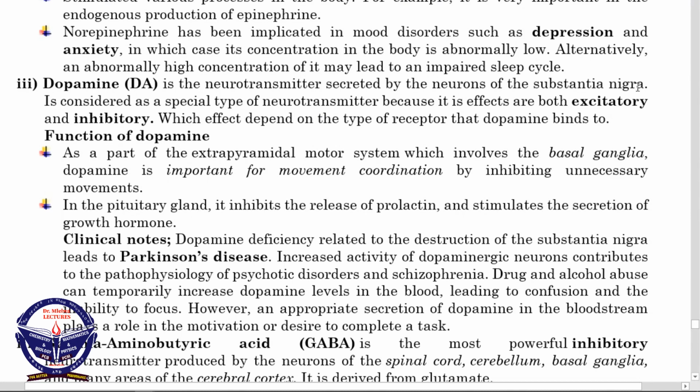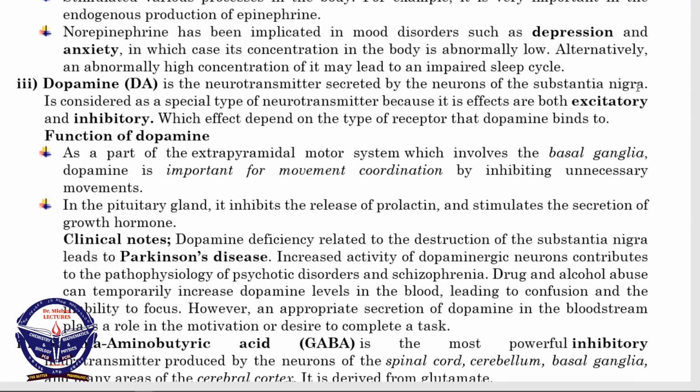Kwa hiyo dopamine, function yake ya kwanza is part of the extrapyramidal motor system which involves the basal ganglia. Dopamine is important for movement coordination by inhibiting unnecessary movement. Sasa some of the terminology hapa inaweza kuwa very important for you to understand, but we have the extrapyramidal motor system.